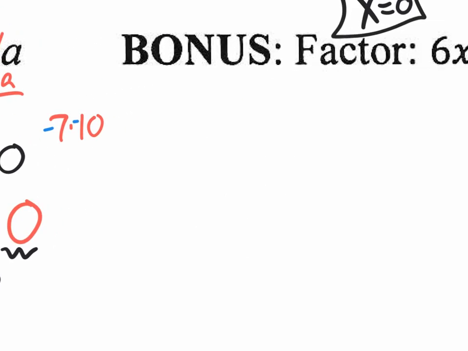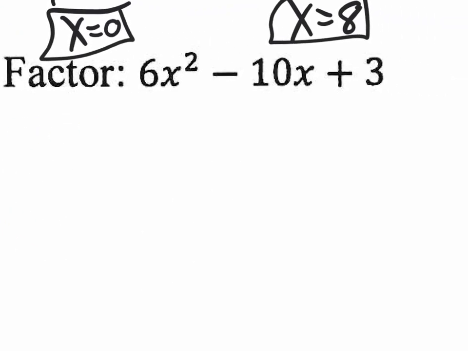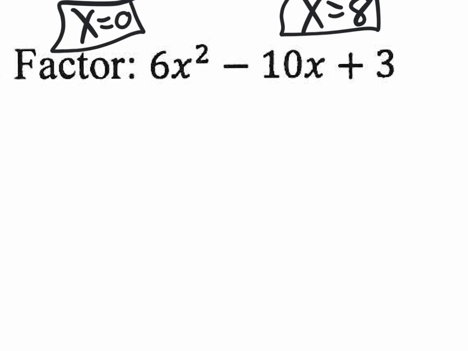Now the bonus. The bonus, notice that this one has an a value of 6. So this is just extra credit. If you want it, you have to go back and learn those steps, the multi-step process. I don't know if you remember, step 1 was supposed to be multiply a times c. a is 6, c is 3, so you get 18.